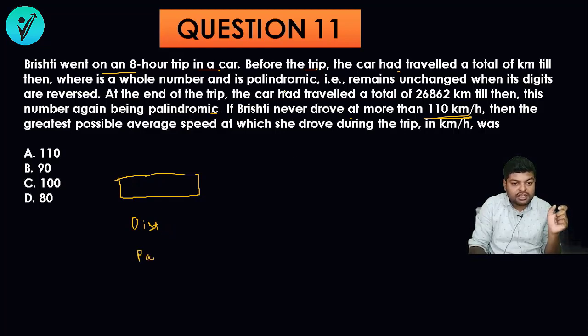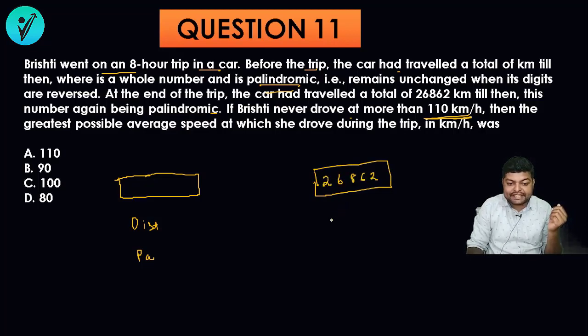And when she ended her ride, the meter is showing 26862. Now again this is a palindromic number.